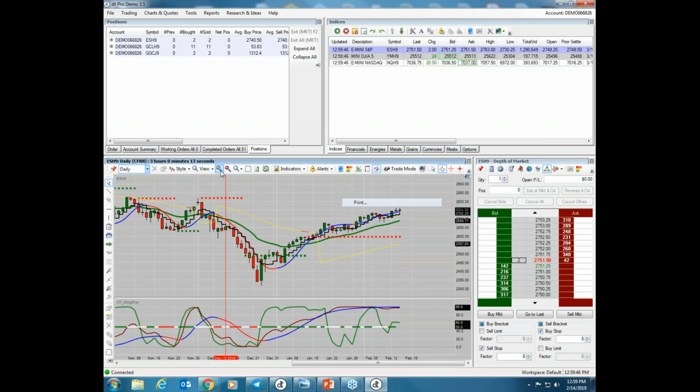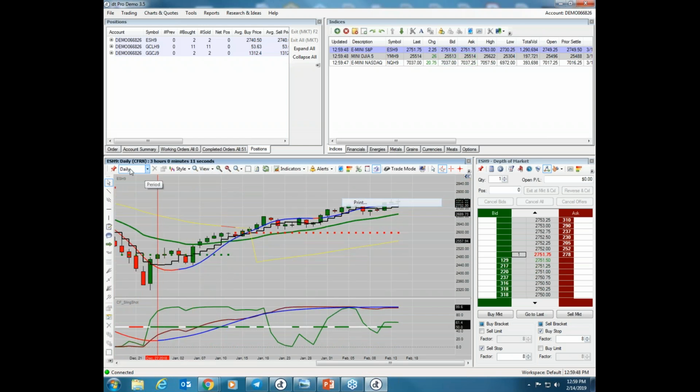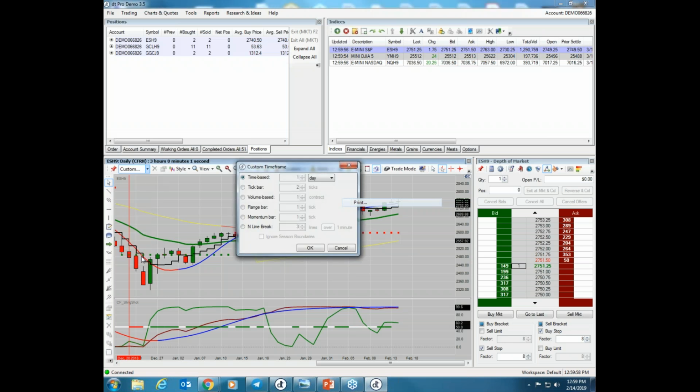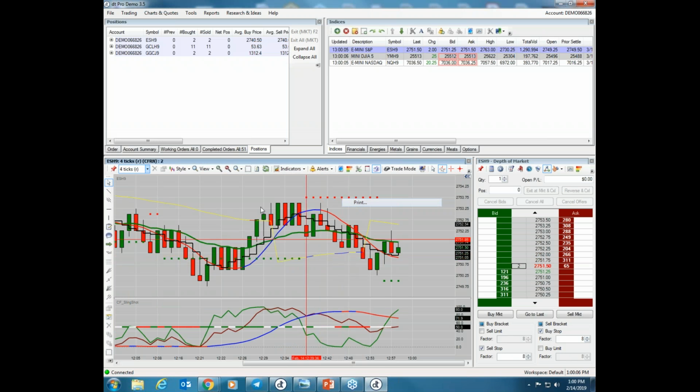But the bottom line is, if you want to get to the 4-tick range, see where it says daily here in the upper left-hand corner of the chart? There's a drop-down box there. Just left click on it and select custom. A box opens up, hit range bar, and make that one look like a 4. Just hit OK.